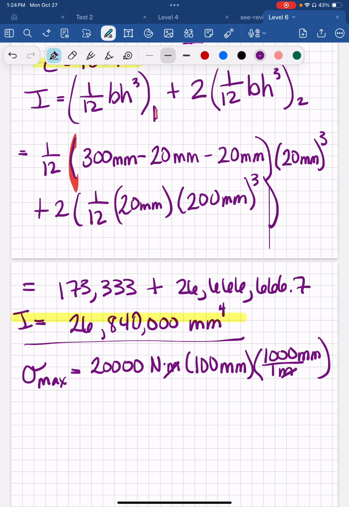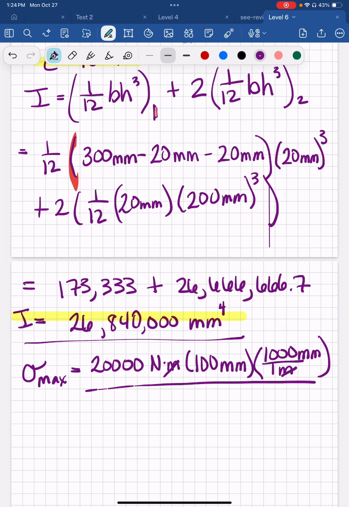Cancel those out, and then divided by I, which is 26,840,000 millimeters to the fourth. We have millimeters squared on the top, and that'll take away two of them on the bottom. So we'll have newtons per millimeter squared, which will give us megapascals.